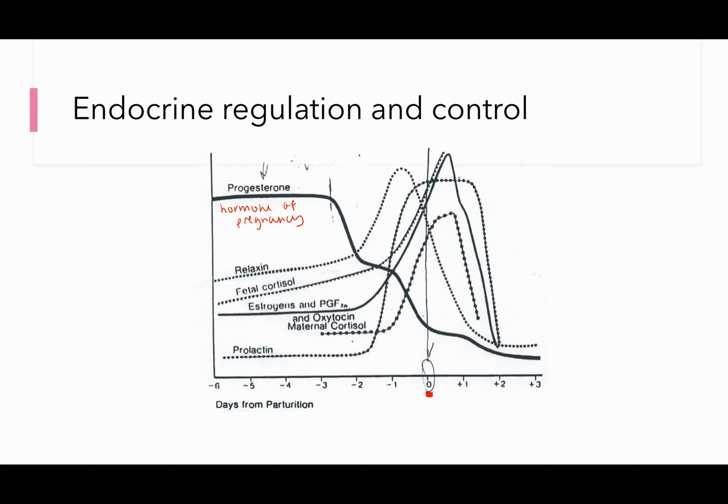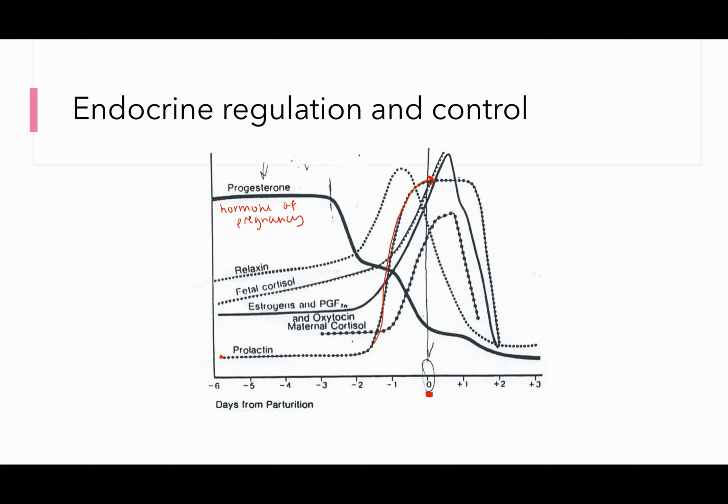But the ones I just spoke about is one here, prolactin, which is responsible for the initiation and maintenance of milk production. You can see just before parturition, it's going to rise very dramatically. The other one that we spoke about is oxytocin.